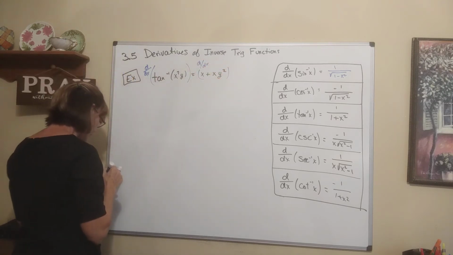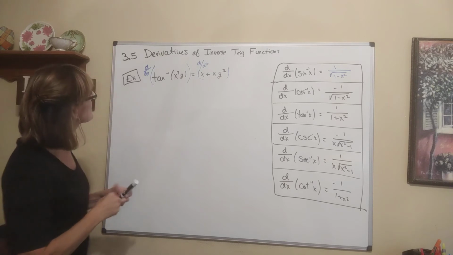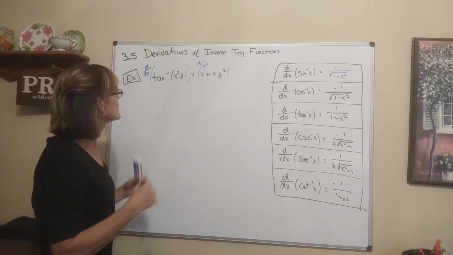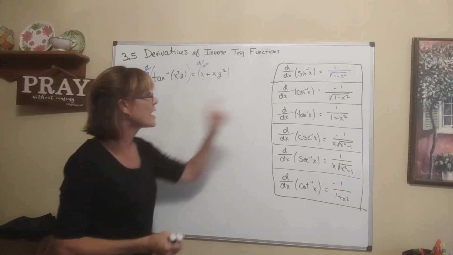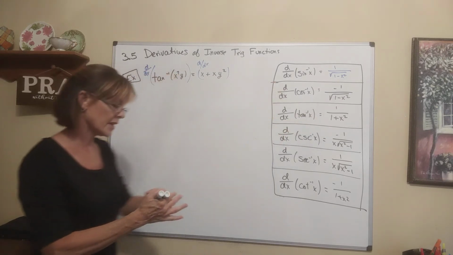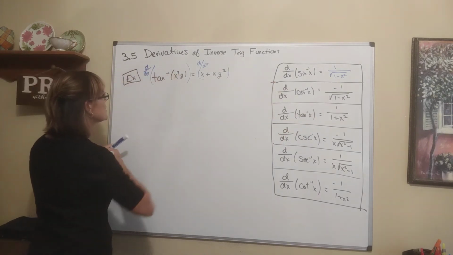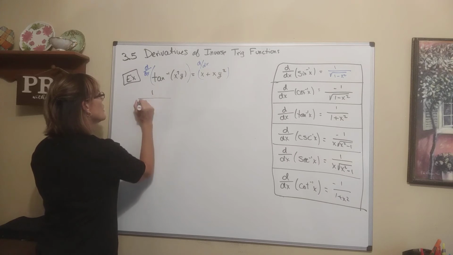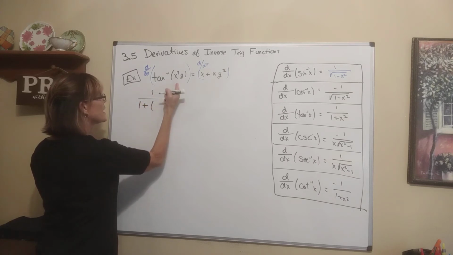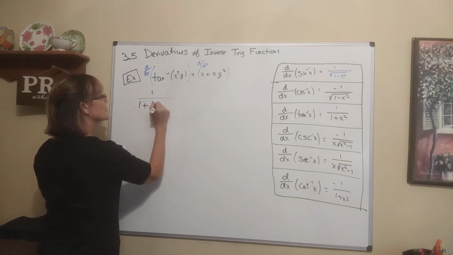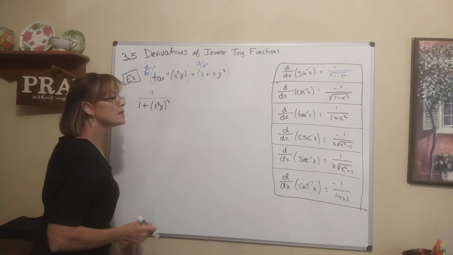The derivative of inverse tangent is, you memorize it, you come up with it, somehow you're going to figure out that it's this: 1 over 1 plus x squared, but x squared has been replaced with this expression, x squared y. So this is chain rule.